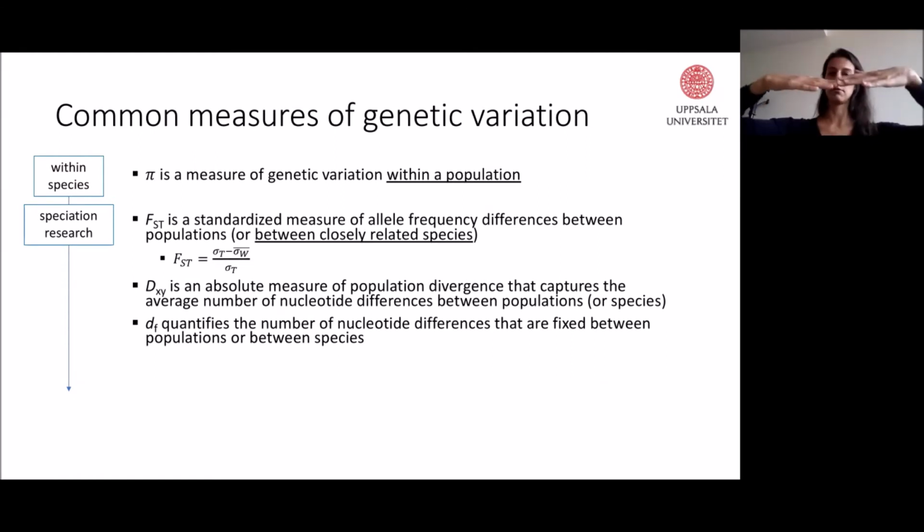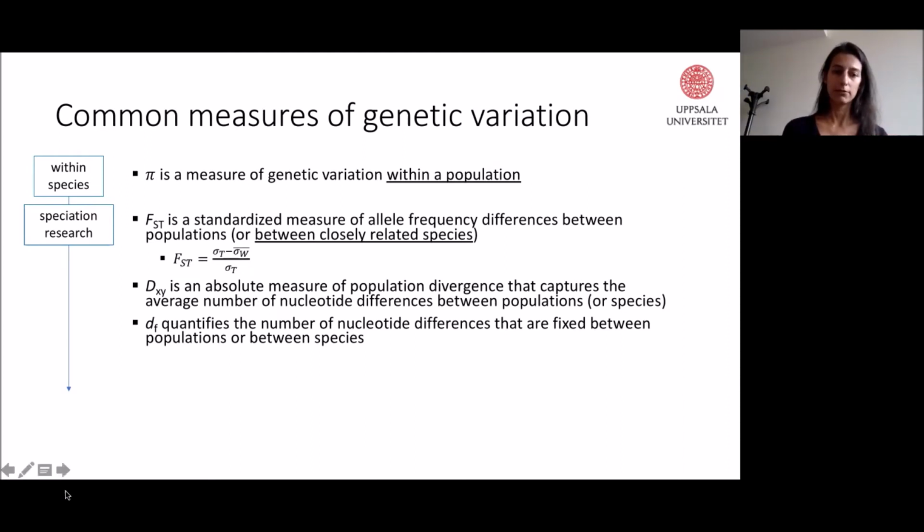And then the next level is to compare closely related species, where we look at allele frequency differences between the populations or closely related species like FST, but we can also look at pairwise differences between individuals sampled from 2 different populations like DXY, or we can look at fixed differences between these populations or species, denoted commonly as DS. So here we are now looking at variation between 2 populations or closely related species.